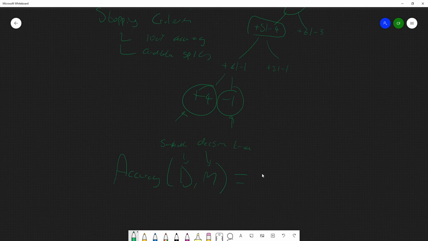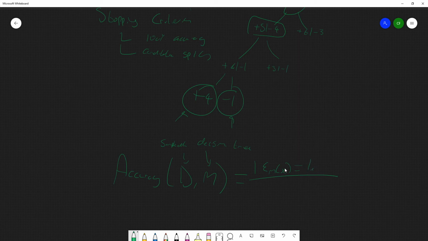Accuracy of D and M is equal to the size of the set of instances where, when we apply M of X, for some X from our data set, we find some output.